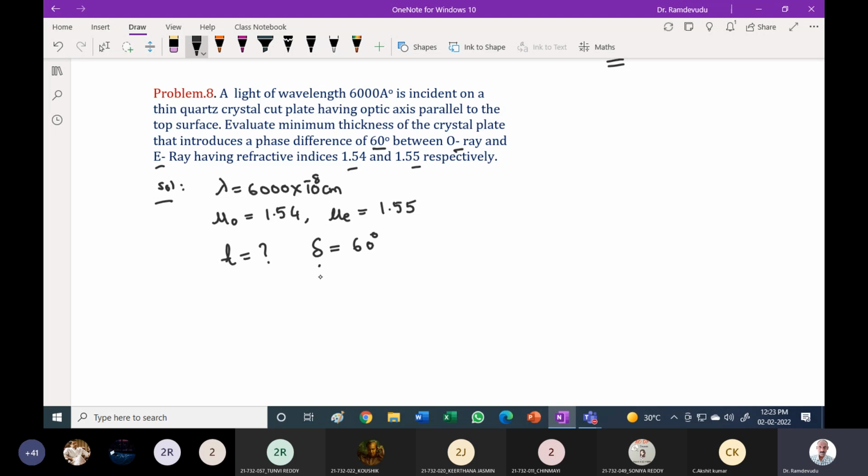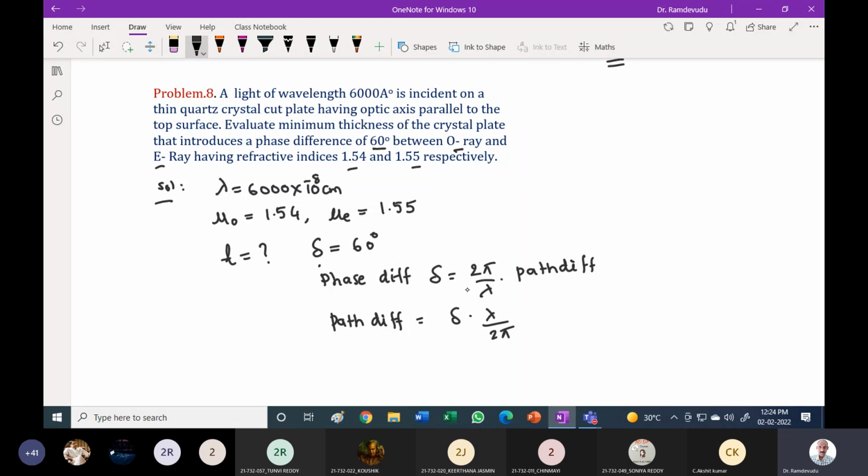So I write the phase difference delta equals 2 pi by lambda into path difference. The path difference is not given, so we have to calculate it. Therefore, path difference equals delta into lambda by 2 pi.